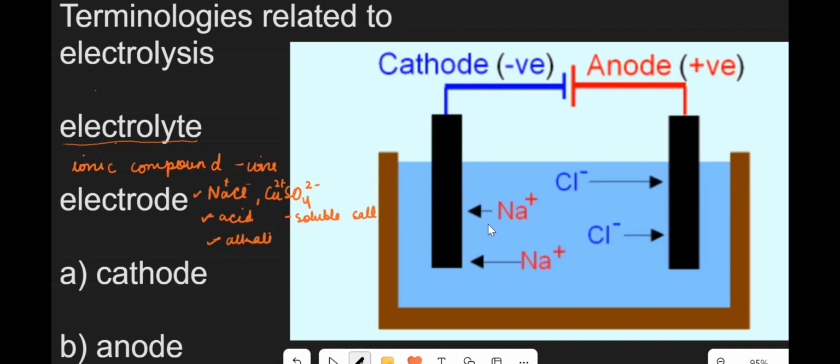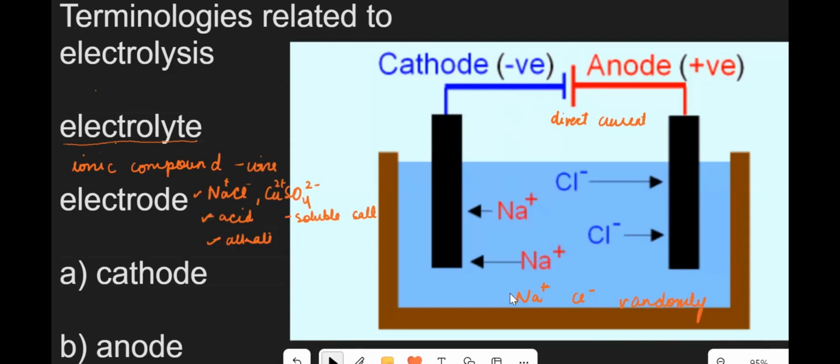Here we have the example of sodium chloride as an electrolyte. We have a sodium ion here and a chloride ion here, right? Until we connect it with the DC supply, the ions which are part of this electrolyte will be moving randomly all around it.